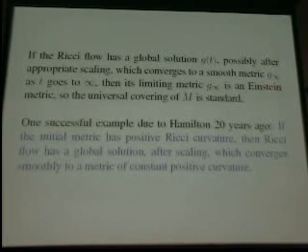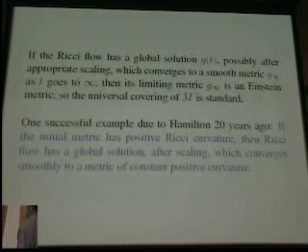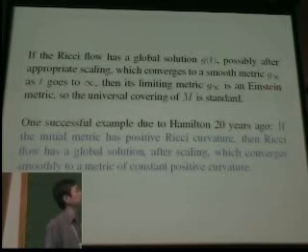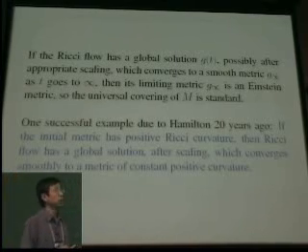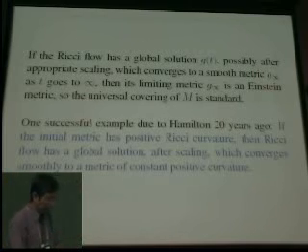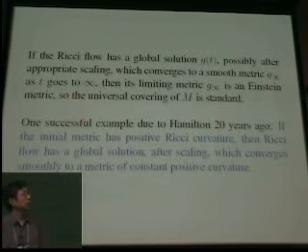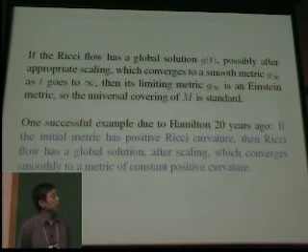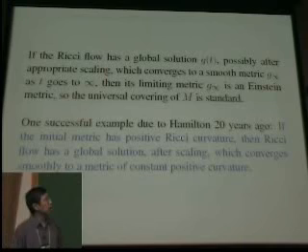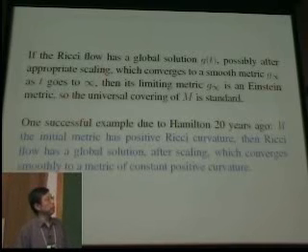So if a Ricci flow has a global solution g(t), and possibly after appropriate scaling converges to a smooth metric g infinity as t goes to infinity, then this g infinity is an Einstein metric, and the universal covering is standard, where I appeal to a result I stated before. So then you know what the topology is. One successful example was due to Hamilton more than 20 years ago.